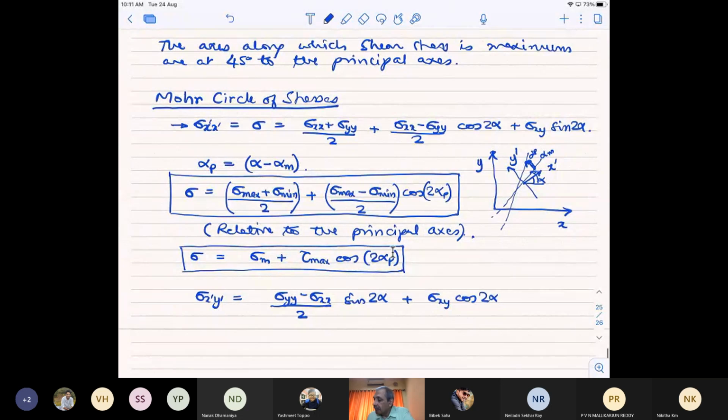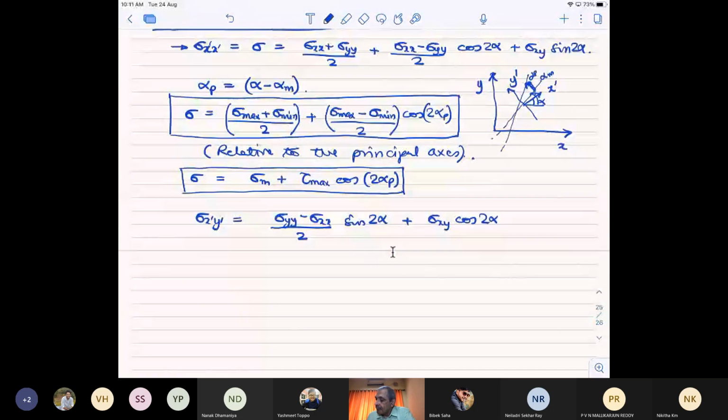Now if we turn it in terms of alpha p, clearly what we will just get is your sigma xy is just equal to 0 relative to the principal axis.